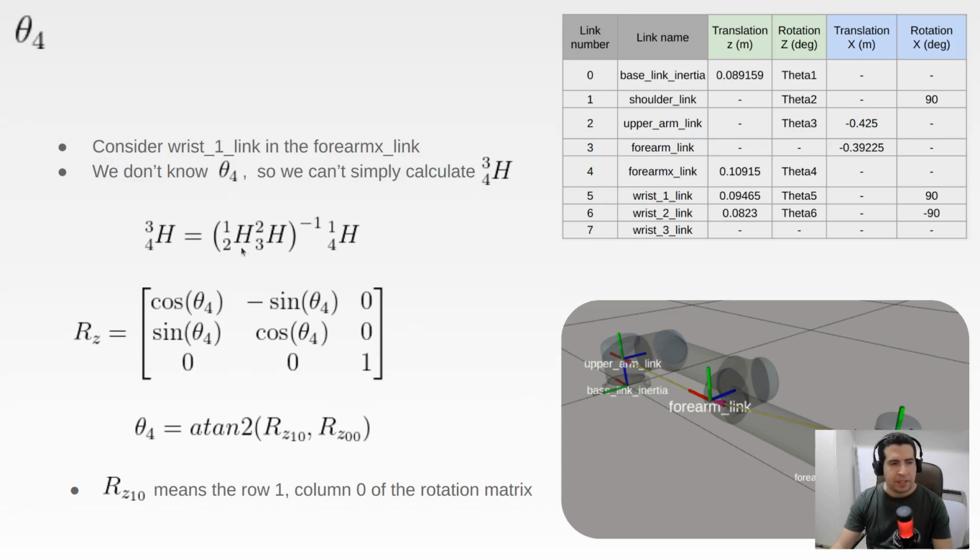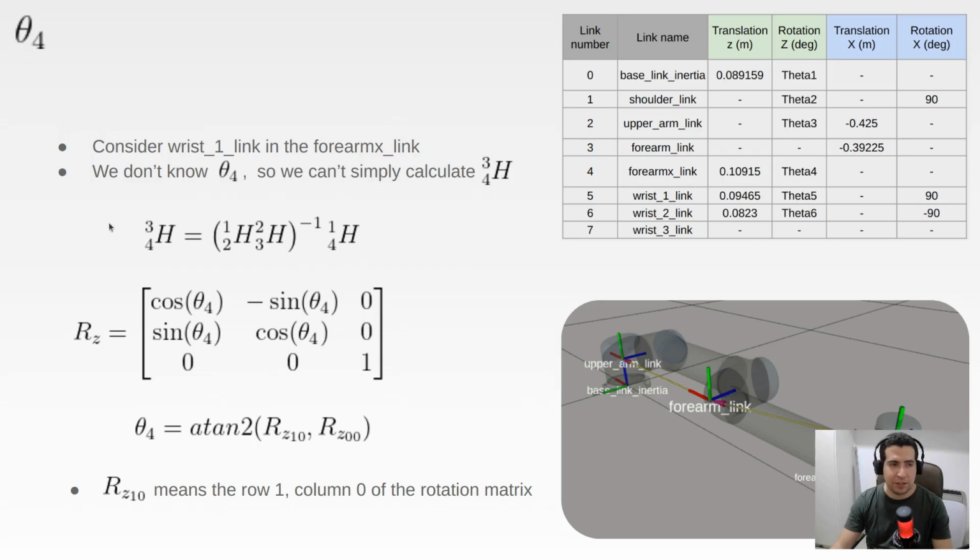And also, how do we get this rotation matrix? It is the relationship between the frame 4 and the transformation matrix between frame 4 to frame 3. But since we don't have this direct transformation, we can go from wrist 1 link to the arm link, then to forearm link, and then to forearm link X, using this transformation relationship.